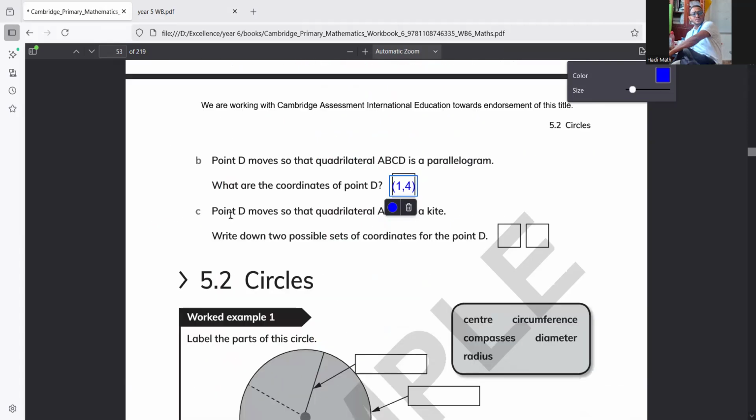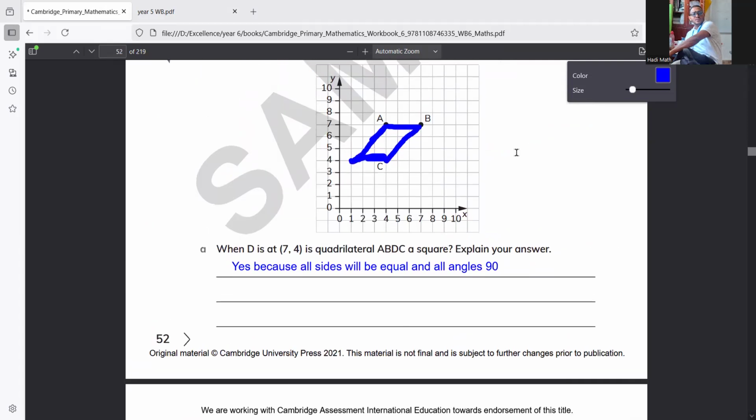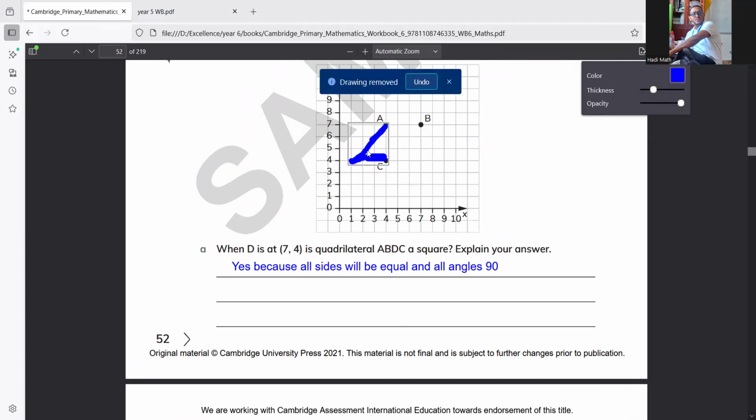They say point D moves so that the quadrilateral ABCD is a kite. Write down two possible sets. We need two possible sets. Put in your mind to make two possible sets.